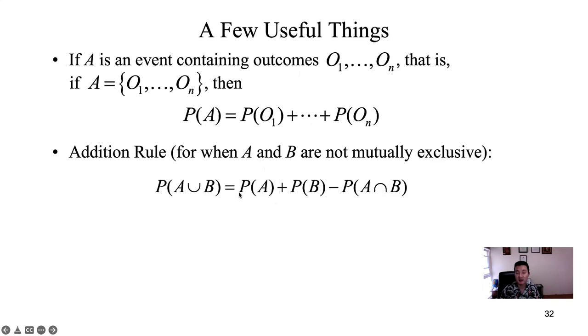But what equation are we going to use if A and B are not mutually exclusive? That is equal to P(A) plus P(B) minus P(A and B), where "and" means intersection.